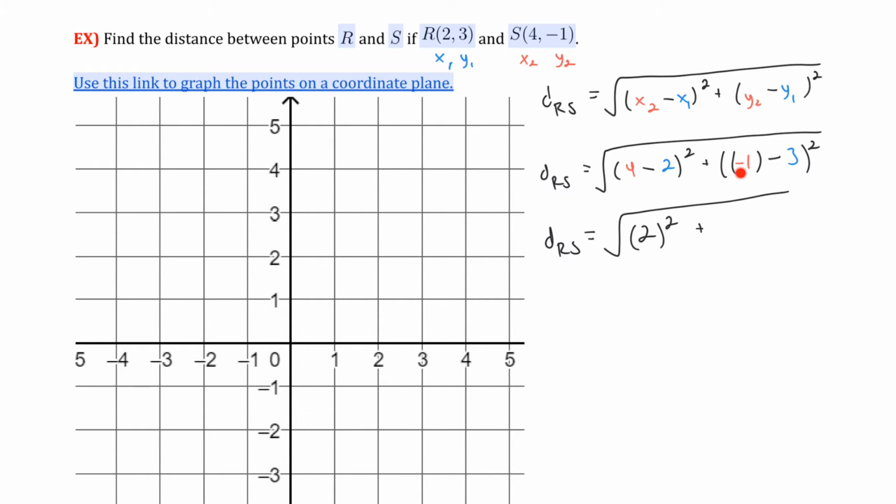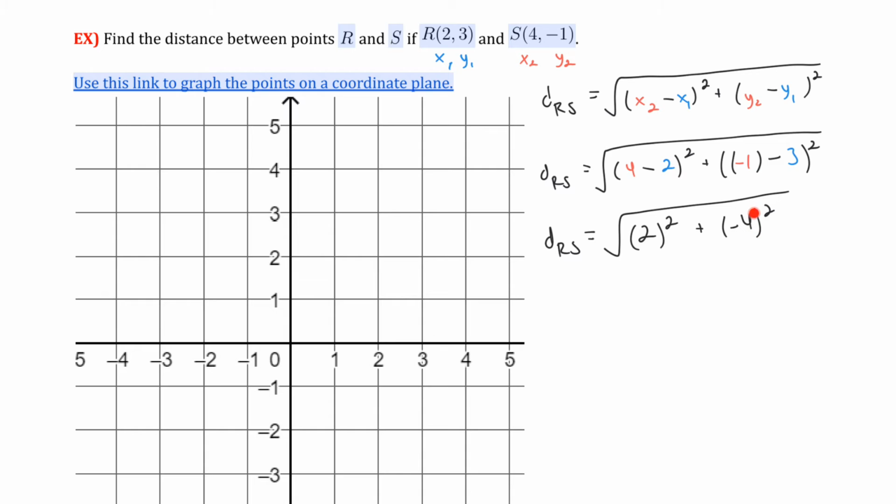So if I have a -1 and I'm going more negative, this gets me to a -4. And yes, I do want to write this in parentheses. The key here is knowing that when we square a negative number, it's going to become positive. That's why these parentheses are super important.